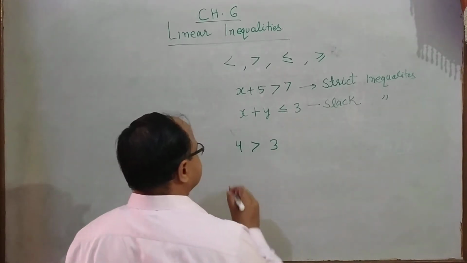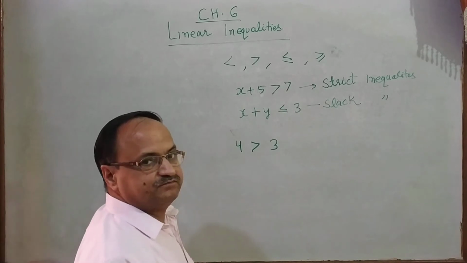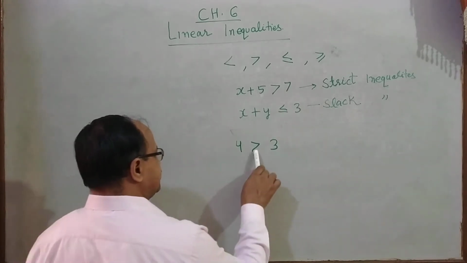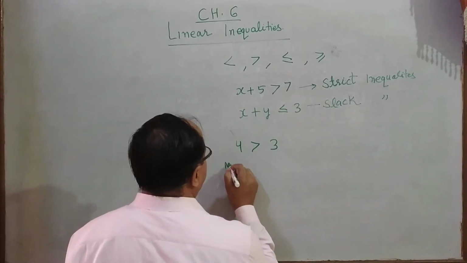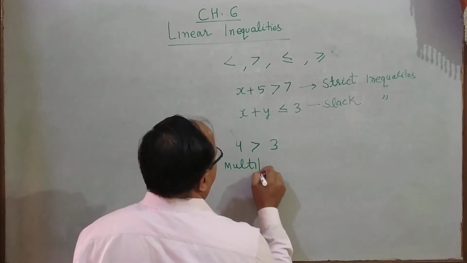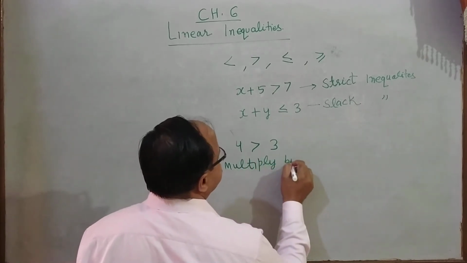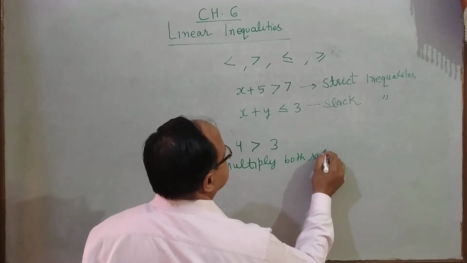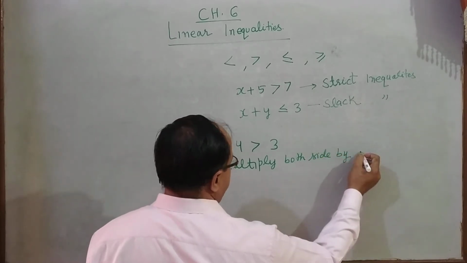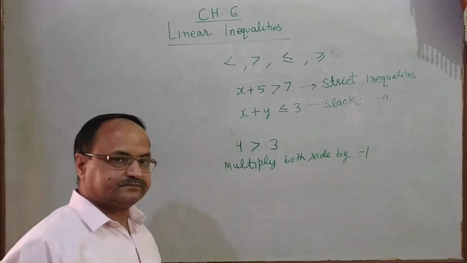If you multiply by a negative number, then the inequality changes. Multiply both sides by -1, for example.